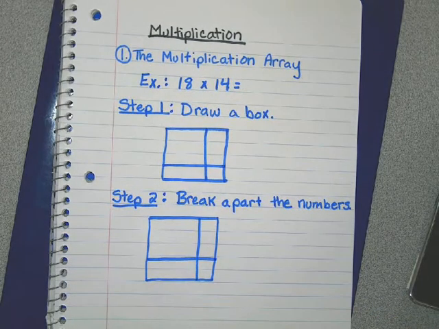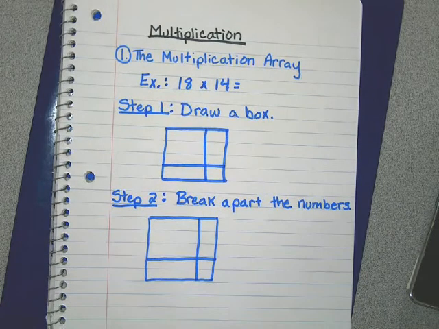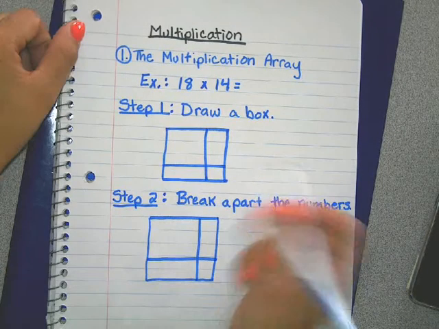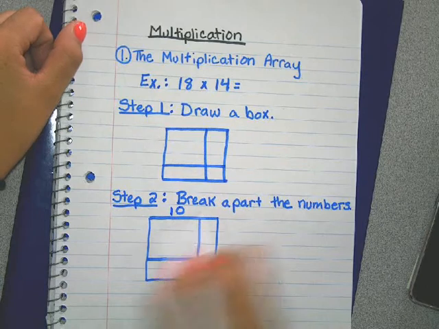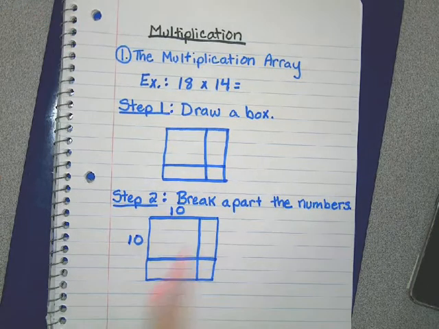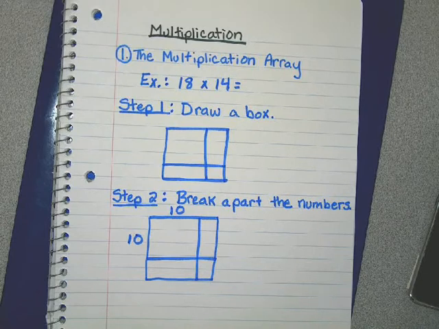Because it's step 2, I'm going to quickly redraw my box. They are your notes, so you should do what makes sense to you. Some of you really have this strategy down already, and you might just be able to do it here.